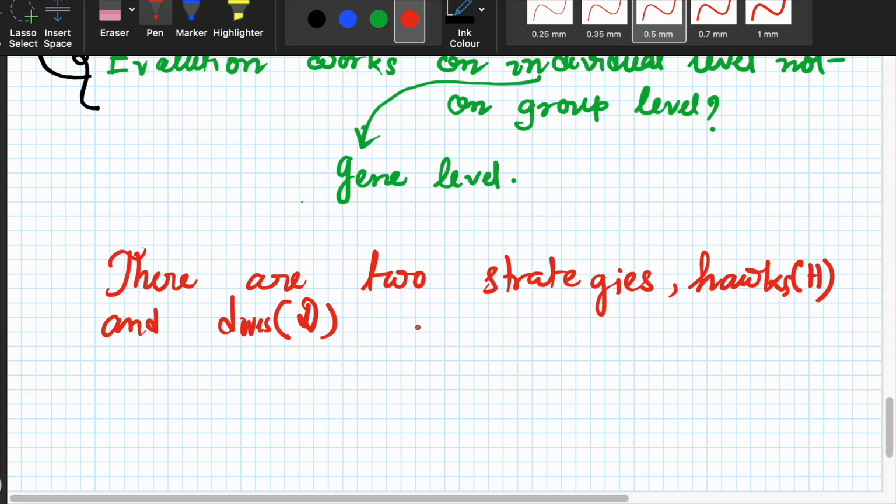While hawks escalate fights, it is the same kind of story that we have seen previously in the case of normal form games.